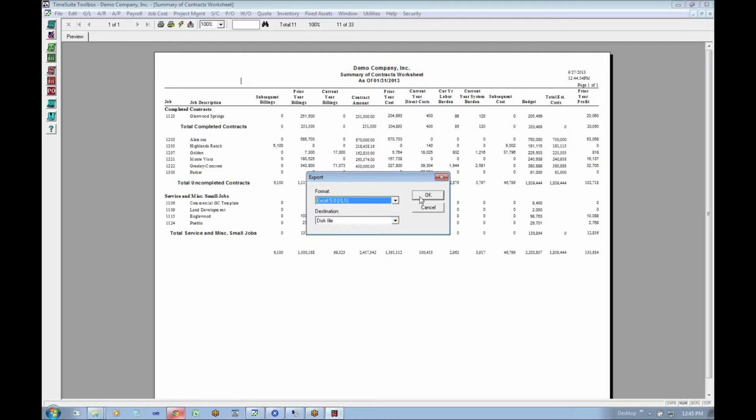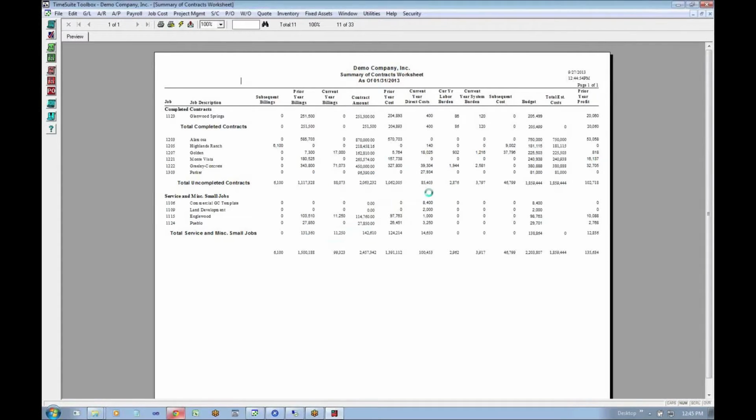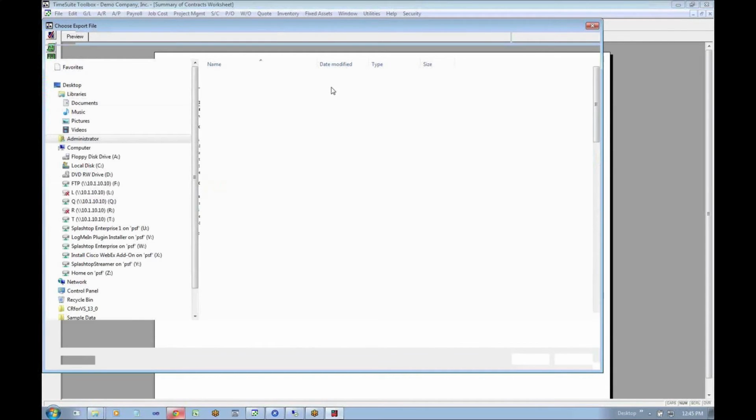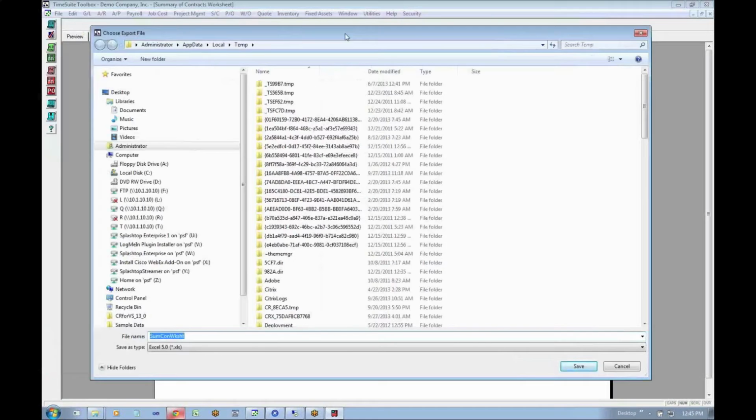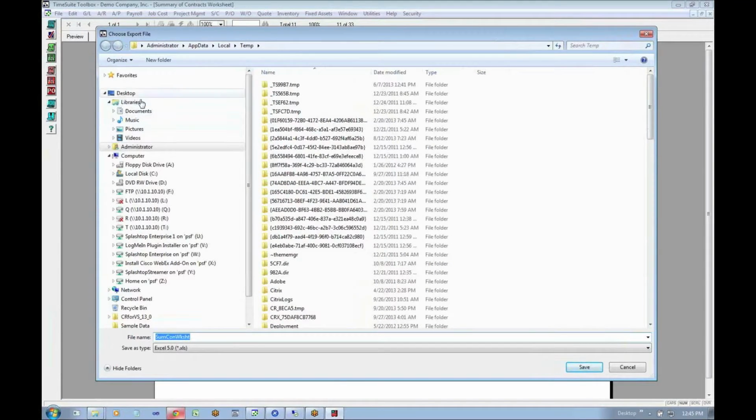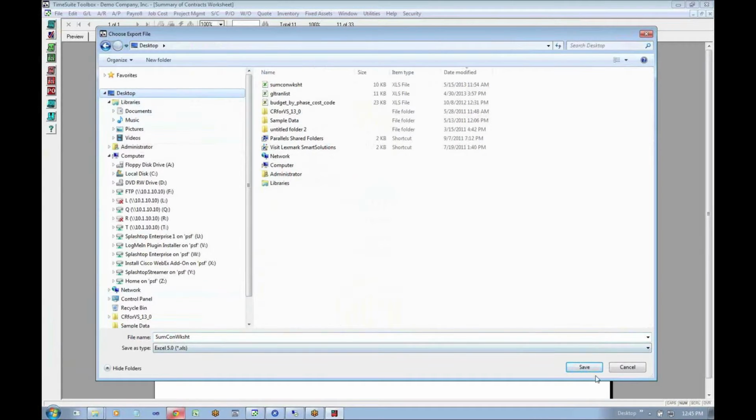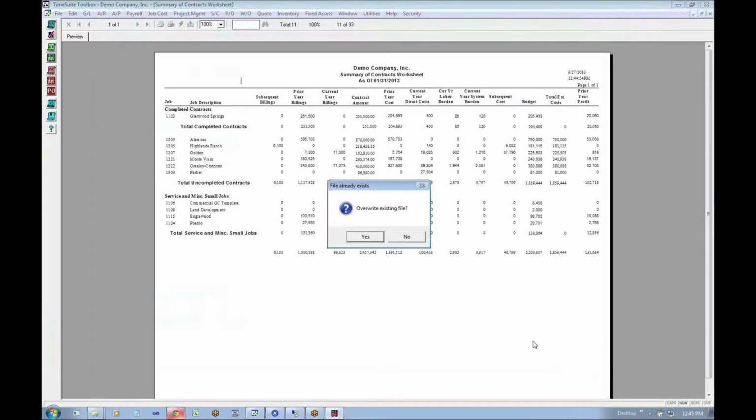I'm going to do disk file because I'm on a Mac, and if I say application, it'll try to do it on the Mac side, and the Mac side is not accessible for me to show you. So I'm just going to go to my desktop, SOC worksheet, save it. Yes. And I'm going to go into Excel.